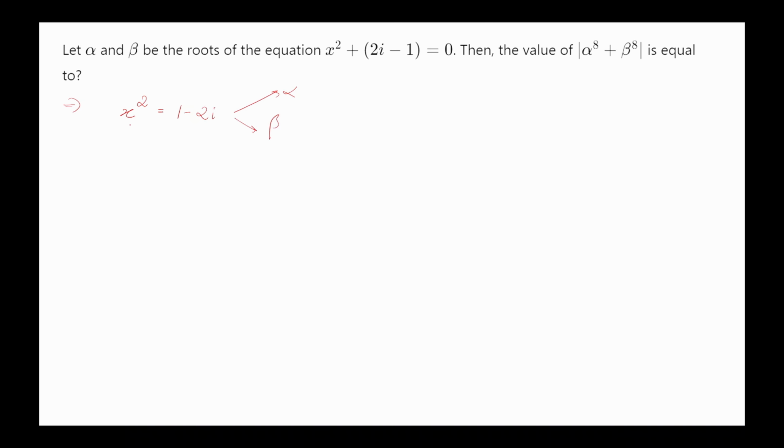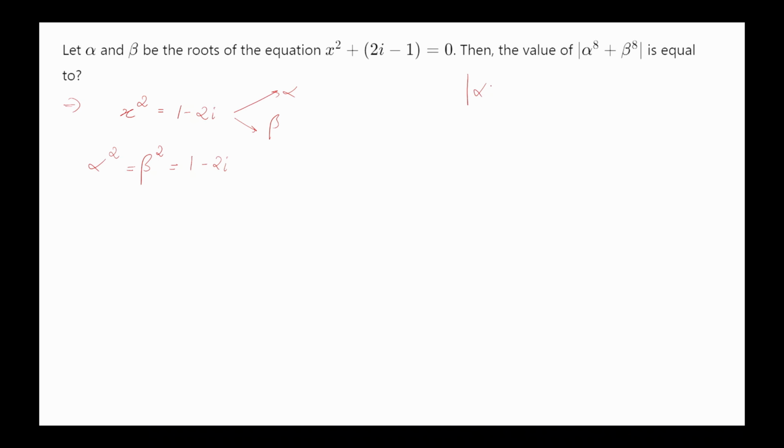That means alpha and beta would satisfy this equation. That means alpha square would be equal to beta square, which is equal to 1 minus 2 iota. So the first relation we got regarding alpha and beta is that alpha square and beta square are the same. Alpha and beta are not the same. Alpha square and beta square are the same.